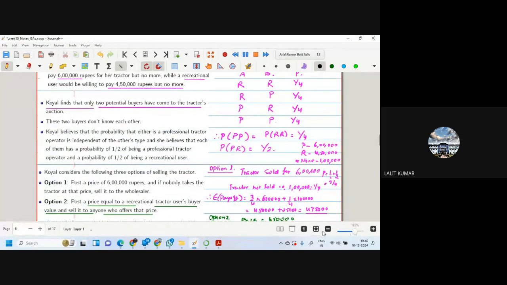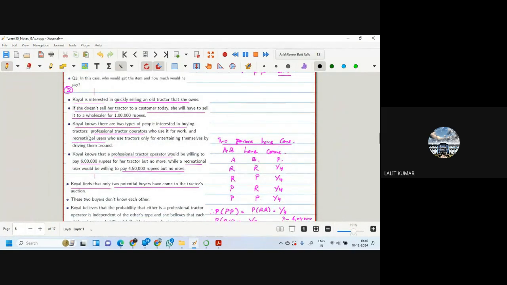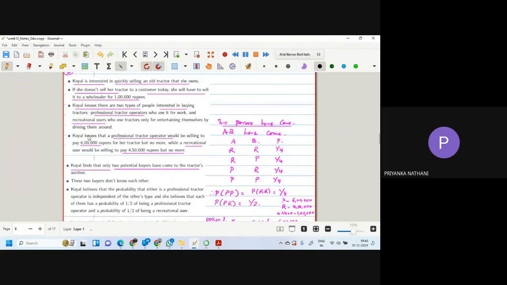Second part is also a very, very interesting question. So Koel is interested in quickly selling an old tractor she owns. She has got a tractor. If she doesn't sell her tractor to a consumer today, she will have to sell it to a wholesaler for 1 lakh rupees.